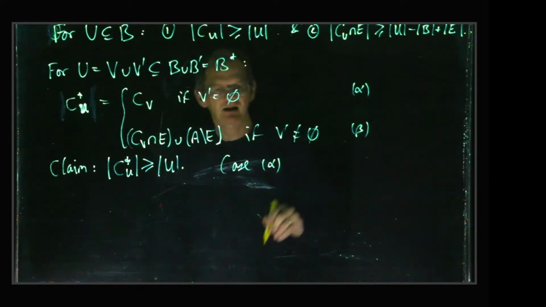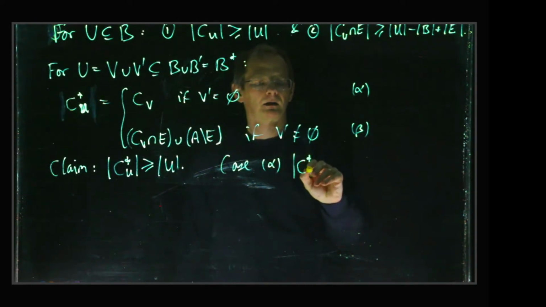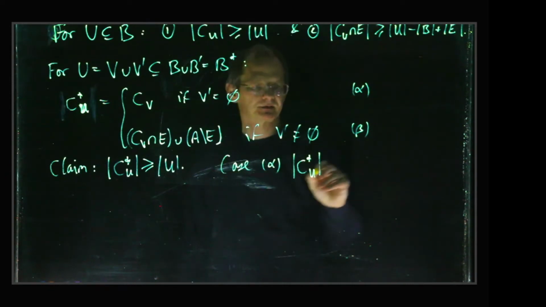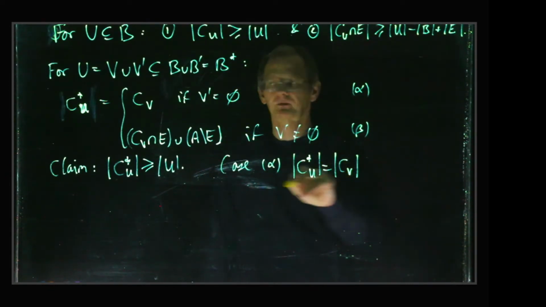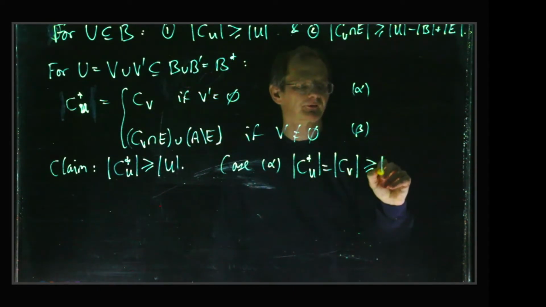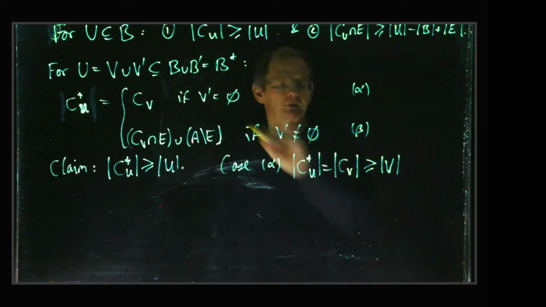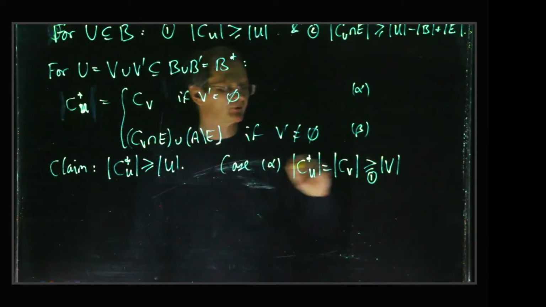So in case alpha, the size of C star U is equal to the size of CV, because C star U is just equal to CV here, and that's at least as large as the size of V by this condition that we call 1. But in this case, V prime is empty, so U and V are the same.